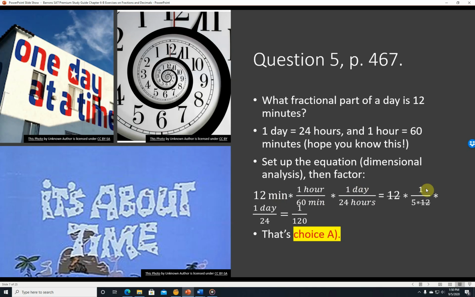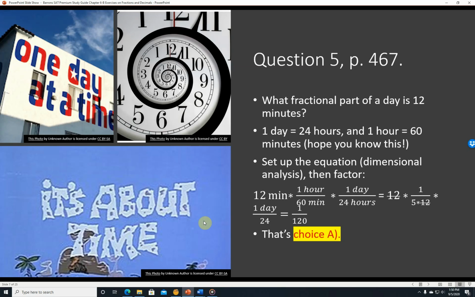Well, all right. 5 times 12 is 60, so this 12 and the 12 that's a factor of 60 in the denominator cancel out. So we end up with 1/5 times 1 day over 24. 5 times 24 is 120. So 12 minutes is 1/120th. Anyway, it's 1/120th of a day. Boy, having trouble talking today.